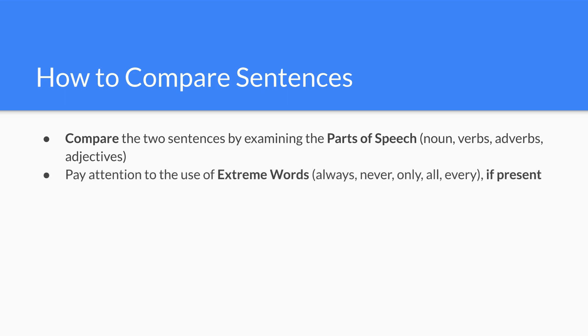Another important thing to pay attention to is the use of extreme words. By extreme words, I mean words like always, never, only, all, every. These are extreme words. If I say, I always eat a banana for breakfast, do you believe that? Of course not.